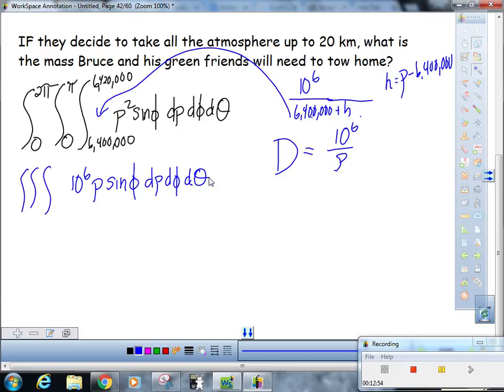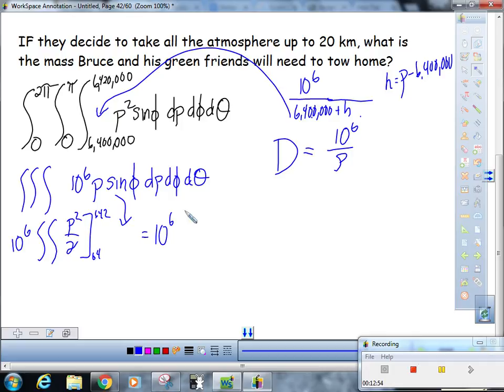So you get a double integral. First of all, we're going to take our 10 to the 6th out, okay? And you get a double integral of rho squared over 2 from 6,400,000 to 6,420,000 of that, okay?